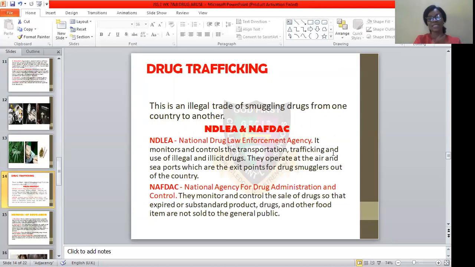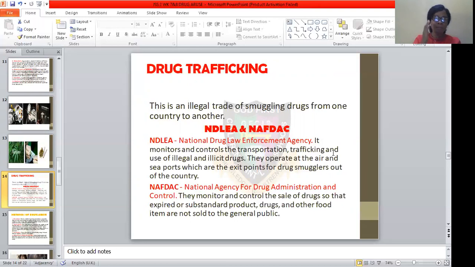That is, what this is trying to tell us, that NDLEA, which is a drug law enforcement agency in Nigeria, are the ones that monitors and control the transportation, trafficking, and illegal use of illicit drugs. You will see them at the airport, you see them at the seaport, you see them at the border entry of the country.